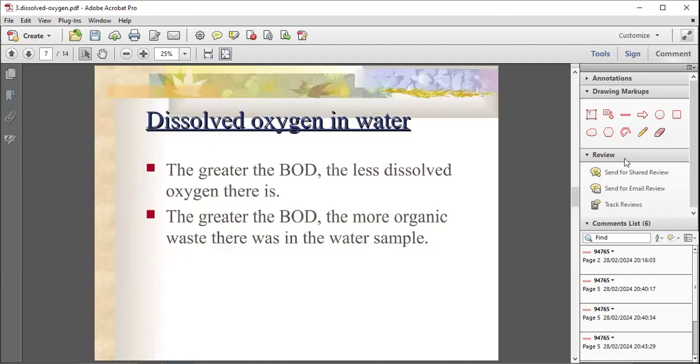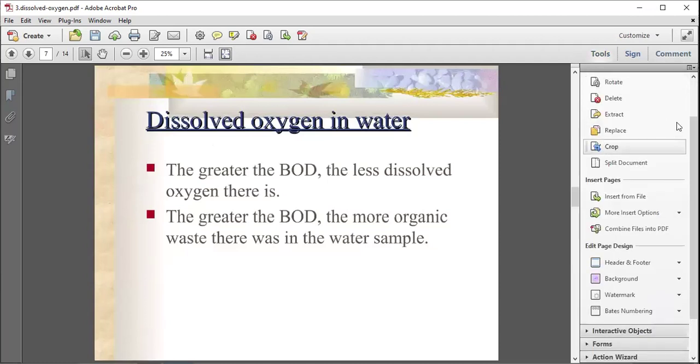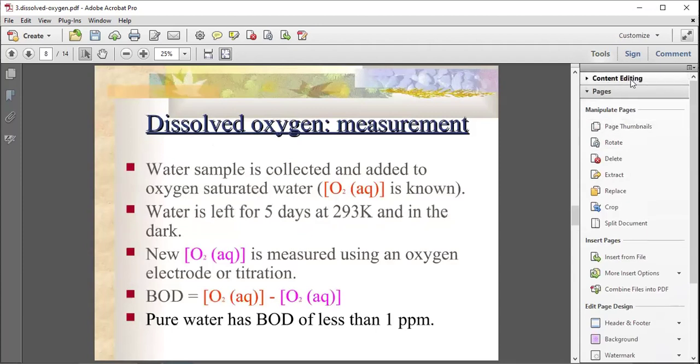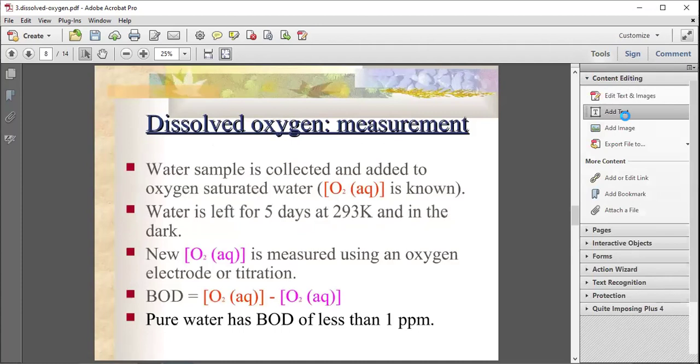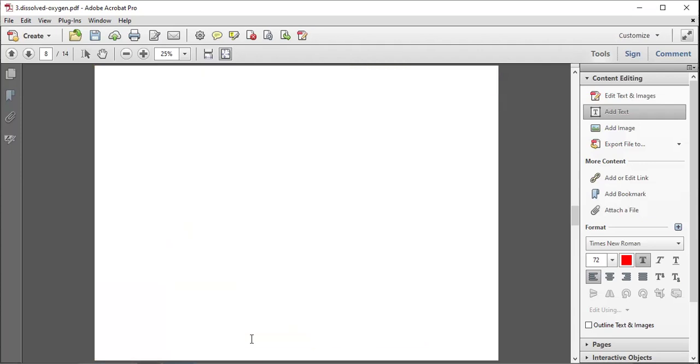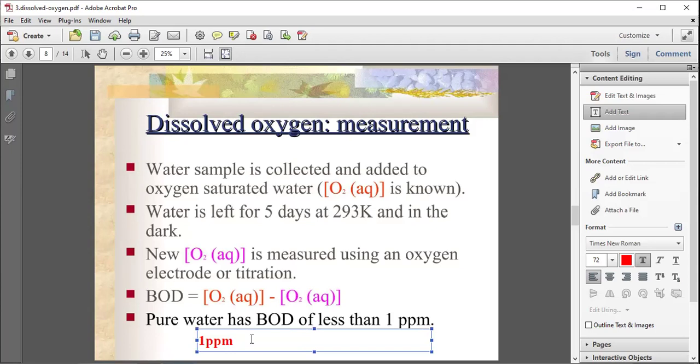Understand what? 1 ppm BOD is equal to 1 milligram oxygen.